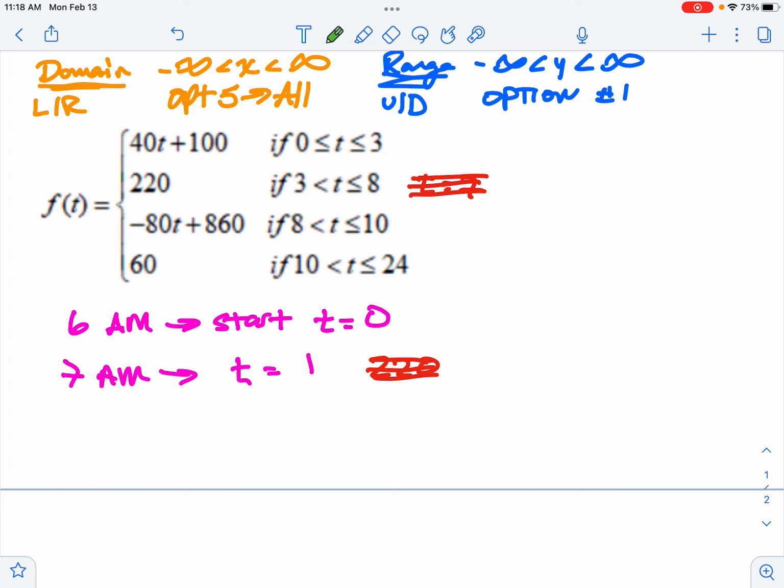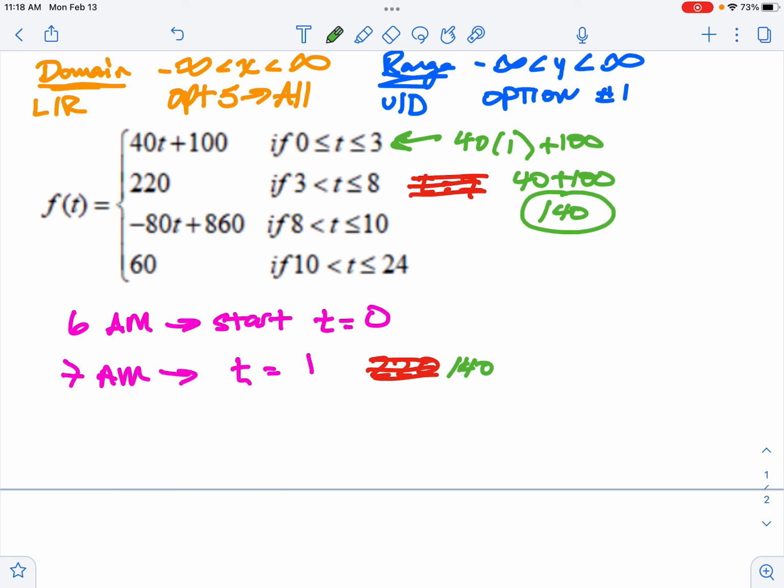So in this case, we're looking at t equal to 1. We're actually right here. We're taking the number 1 and plugging it in for t. We're doing a little bit of math work, and the answer here would be 140 for that first question.